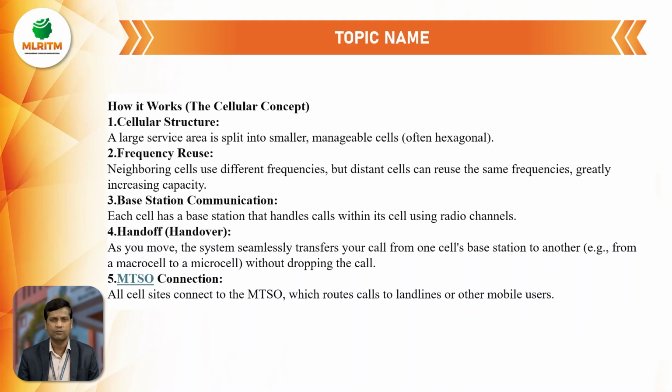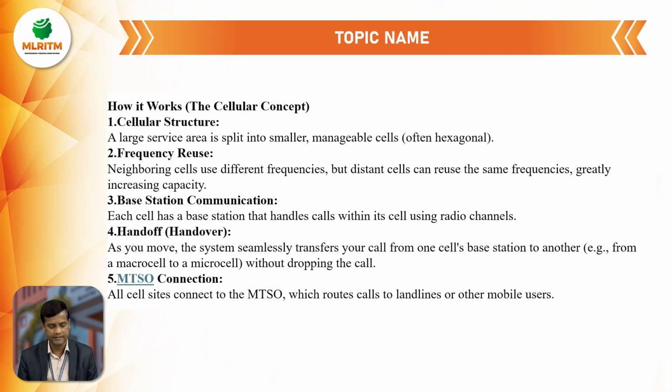In that, there are two types: one is micro cells and another one is macro cells. Next, frequency reuse. Frequency reuse means neighboring cells use different frequencies, but distant cells can reuse the same frequencies, greatly increasing the capacity of the frequency.